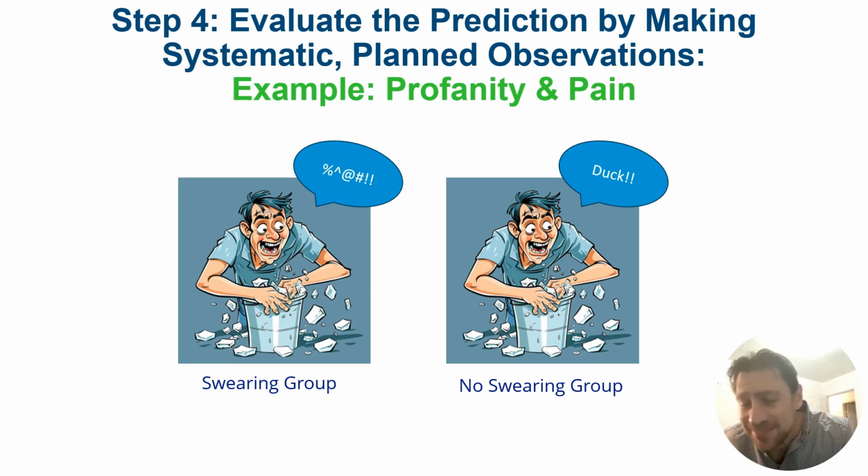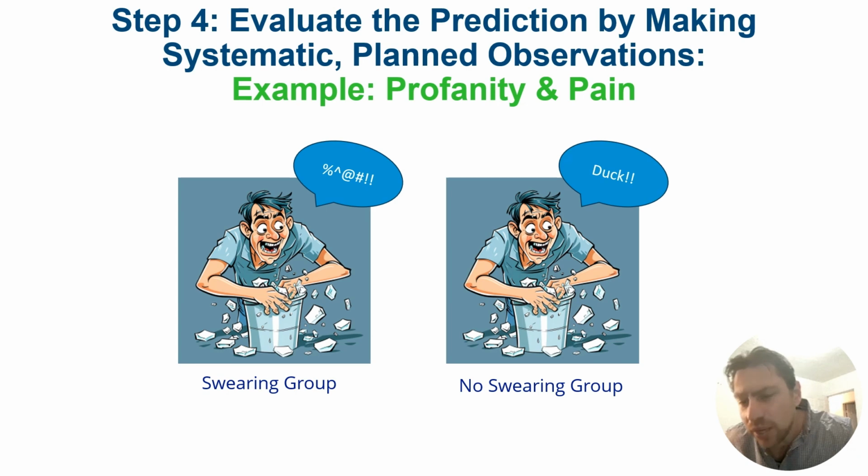Now, luckily, this study that we're discussing has been done. And in this study, they used precisely this approach. They had people submerge their hands in ice water, and there were two conditions. There was a swearing condition, people that said swear words while their hands were in the ice water, and a control condition where people said normal words that are not swear words.